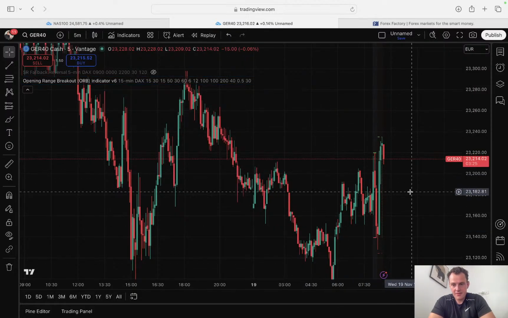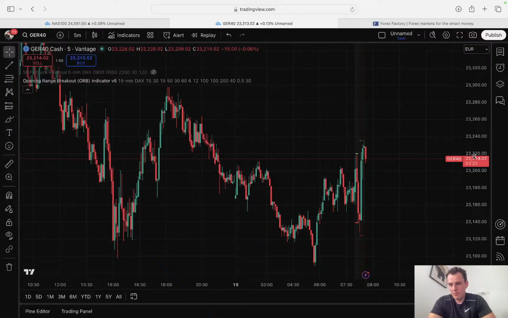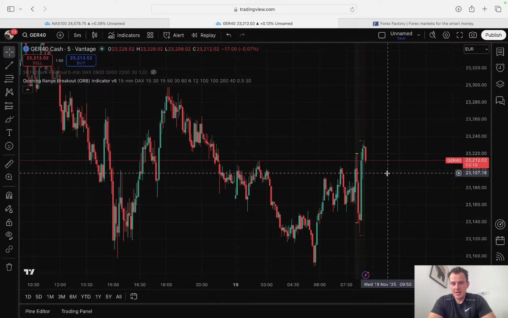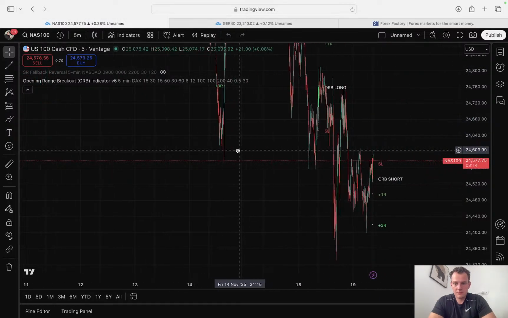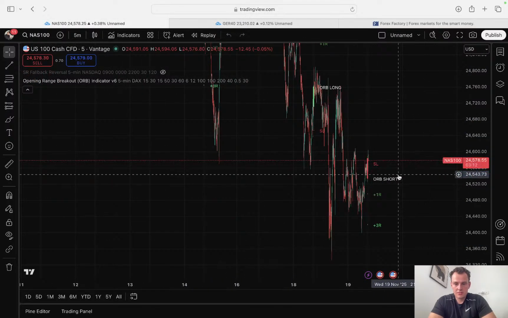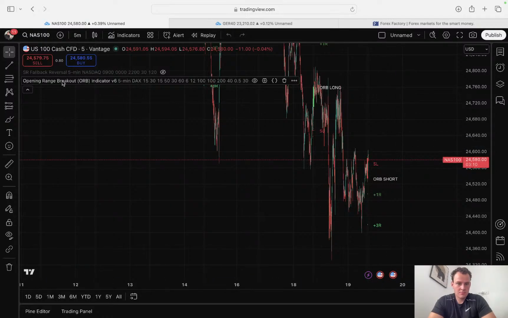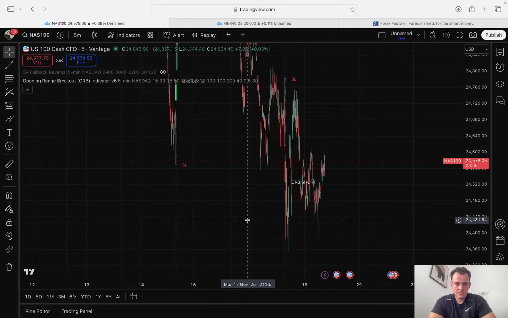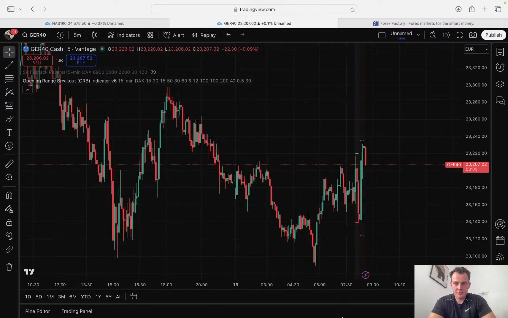I mean, there's no ORB long, there's no ORB short. There was a 5 minute, but then, what should I say? Should we really take it? I'm not super sure. It's very interesting actually if I should take the trade.